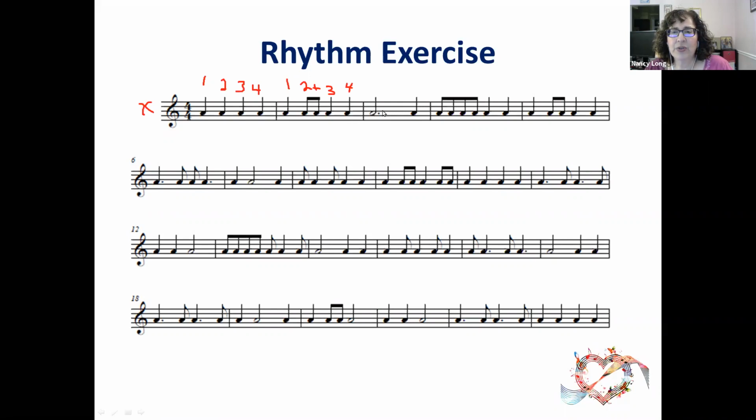And then we have the next measure that is our dotted half note that equals 3 beats, 1, 2, 3, and then this is your beat 4. And then we have 2 eighth notes that comprise 1 quarter note, 2 more. This is your next quarter note, 1 and 2 and 3, 4, and then 1, 2 and 3, 4.